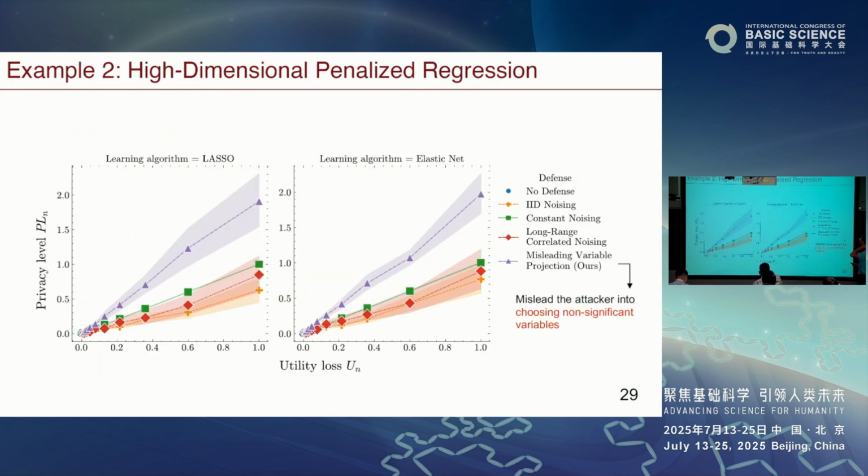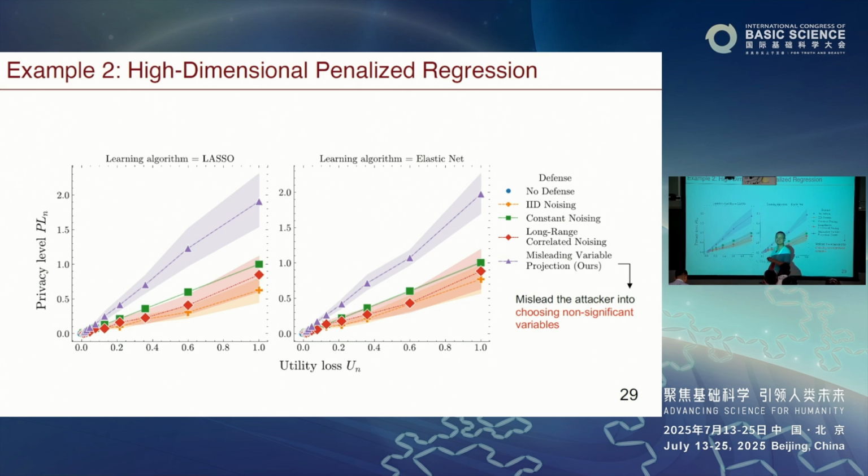And you can also consider high-dimensional penalized regression following a similar idea. So here the idea is that, suppose we have a high-dimensional sparse regression, as Tony mentioned before. And our device is that we're going to add noise to trick the attacker into selecting the actual noise variables. Okay, we're going to do it that way.